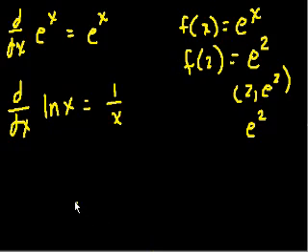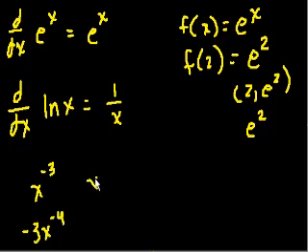Because think about it. Let's draw a bunch of functions. If I said the derivative of x to the minus 3 is minus 3 x to the minus 4, right? The derivative of x to the minus 2 is minus 2 x to the minus 3, right?